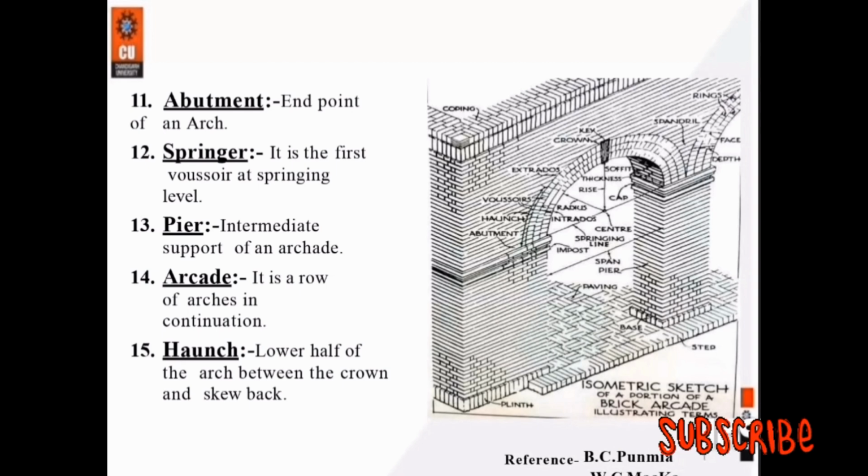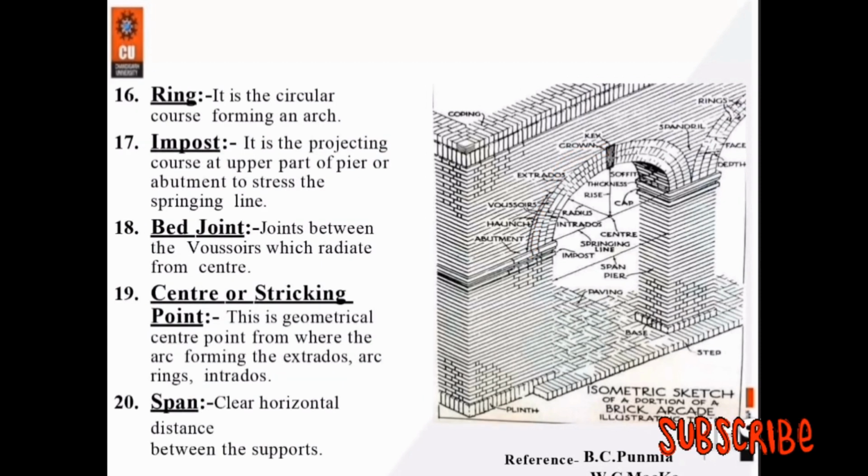Haunch: the lower half of the arch between the crown and skew back is called haunch, starting from the crown. Ring: it is the circular course forming an arch.